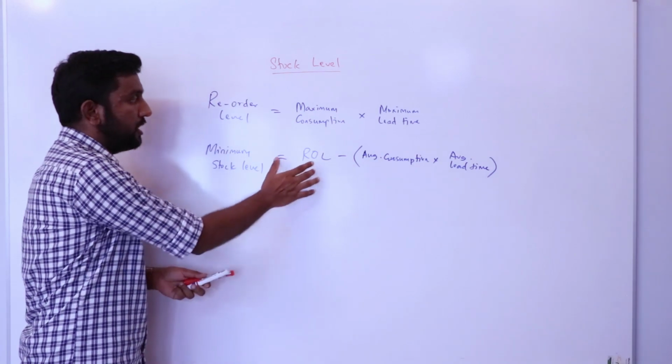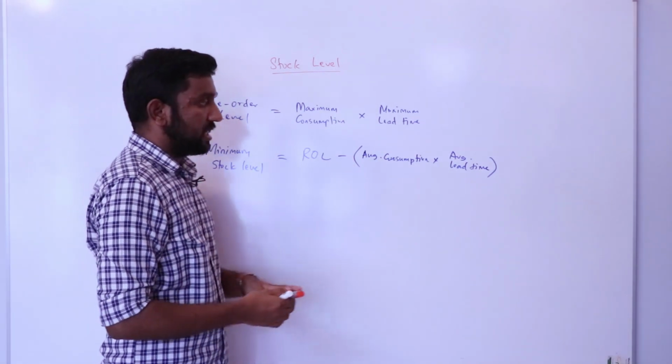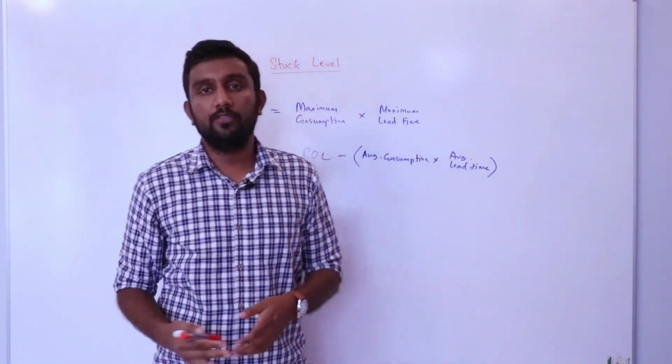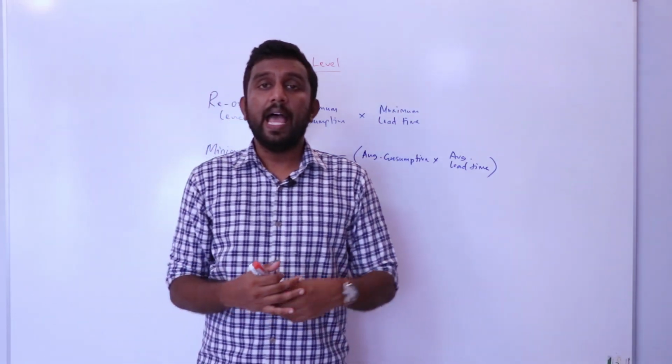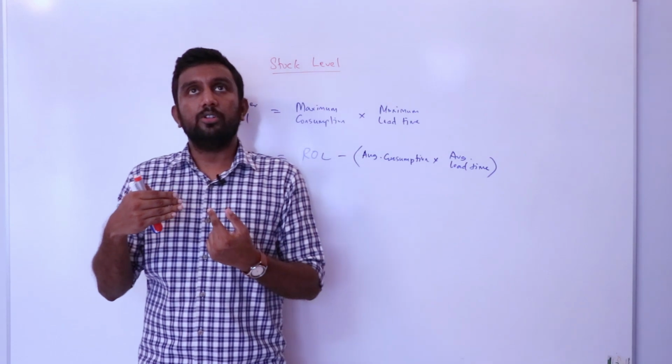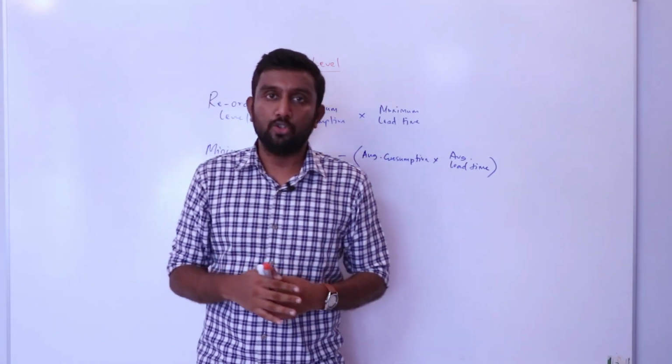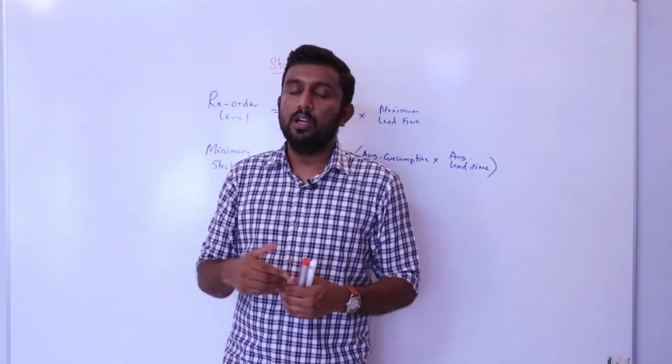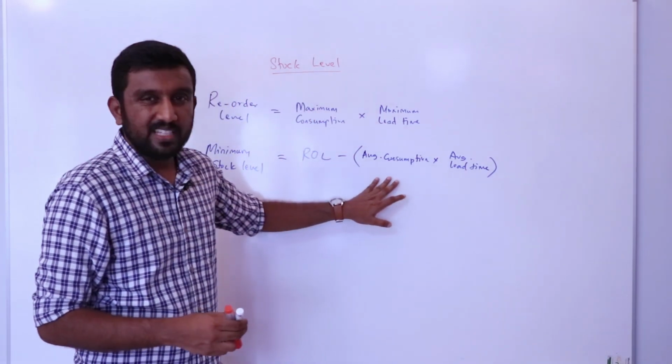Again, reorder level is what you found from here, and average consumption they have to give. If they give the maximum consumption 1000 and minimum consumption 200, your average should be 600: 200 plus 1000 divided by 2. So that is how you get average consumption.